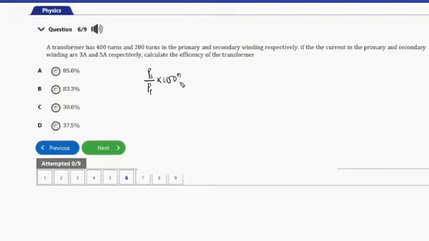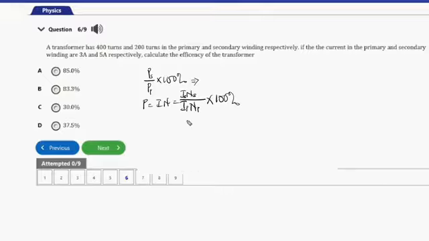If we do this, the power is actually the current times the number of turns. So we have the current of the secondary, I secondary, times the number of turns for the secondary, N secondary, over the current for the primary, I primary, times the number of turns for the primary, N primary, all times 100%.